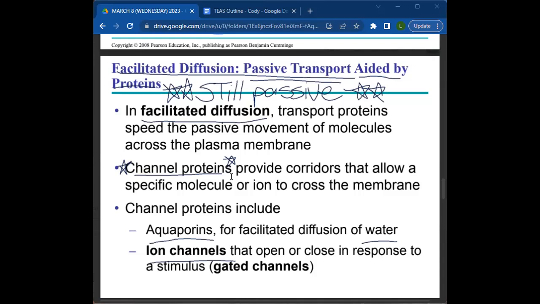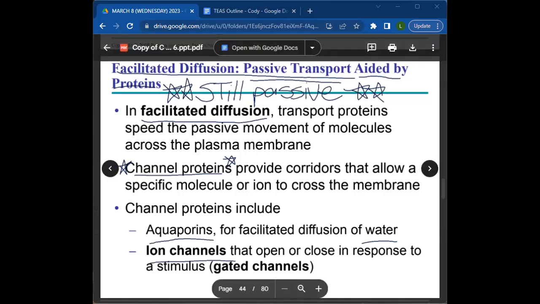So they're not going to use diffusion. They're going to use what's called facilitated diffusion. Facilitated diffusion is just diffusion with the help of a protein, and that's it. It is still considered passive because it is still moving from high concentration to low concentration. The only difference between diffusion and facilitated diffusion is that one is with a protein and one is not. That's the only difference.